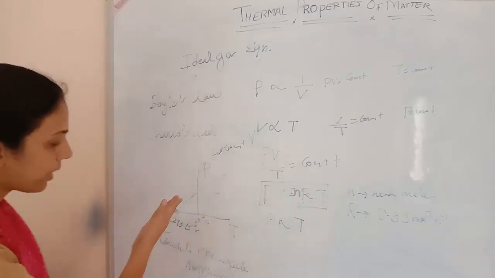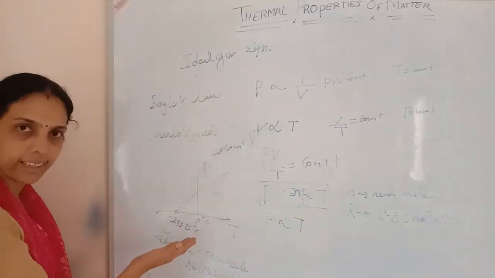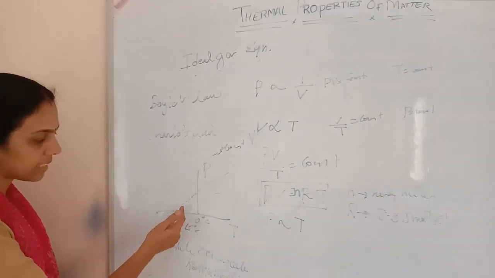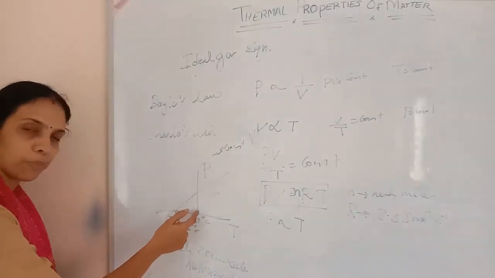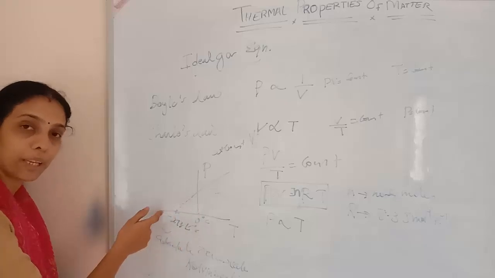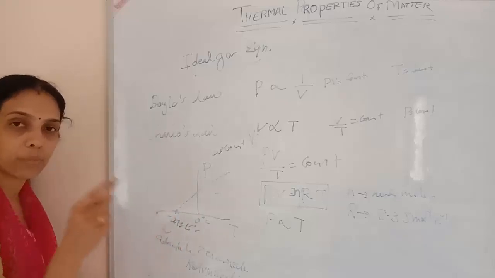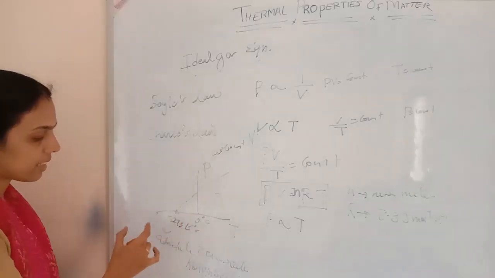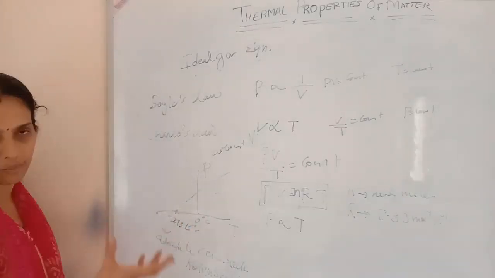So while drawing the graph, that will be a straight line, and while extrapolating it to the left side, we get that when pressure is equal to 0, temperature will be minus 273.15 degrees Celsius. That is 0 Kelvin, called the Kelvin scale.